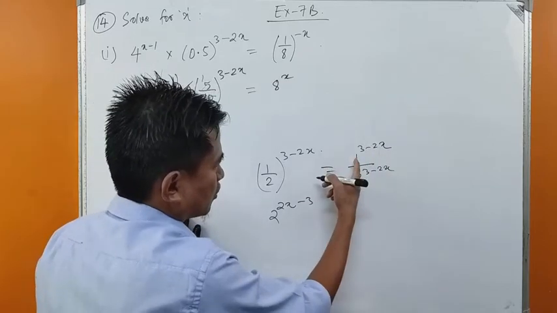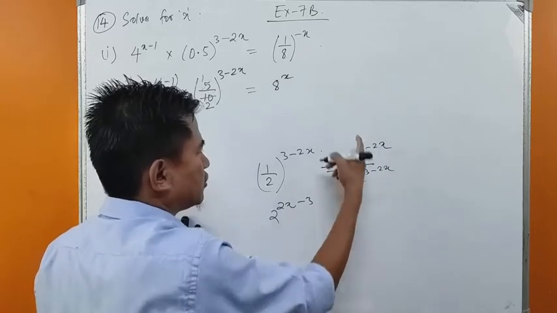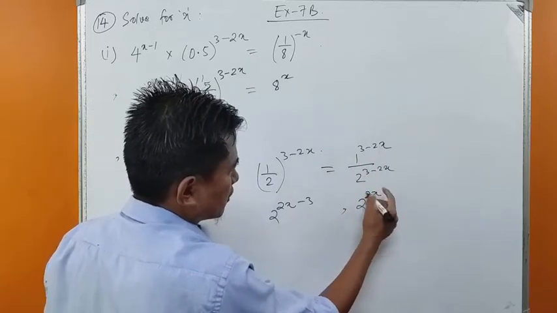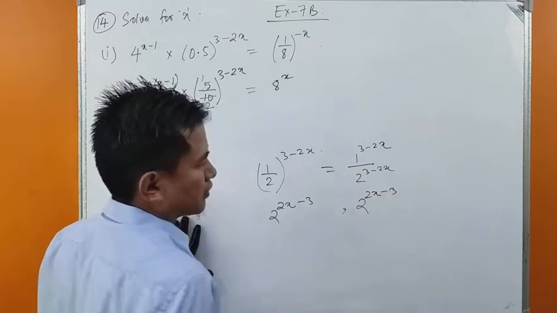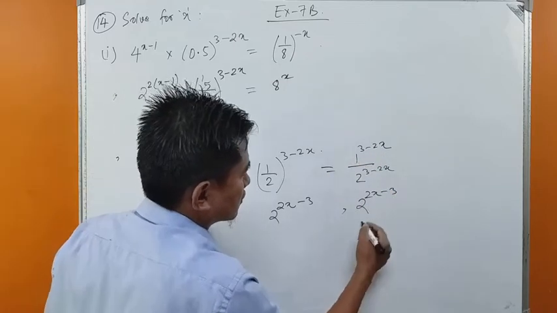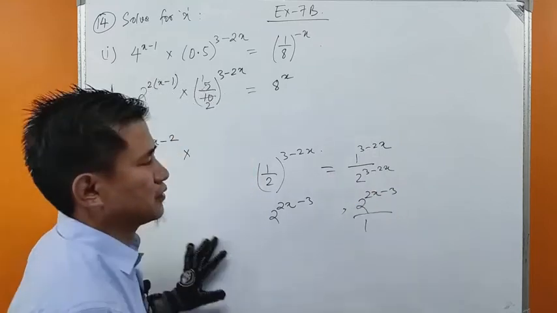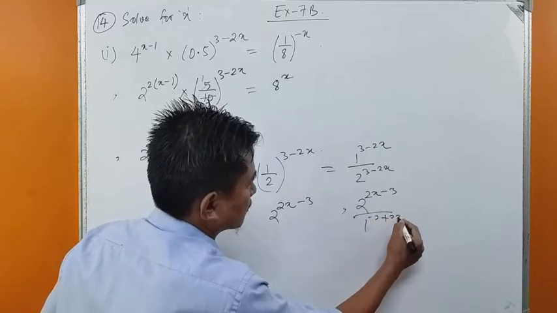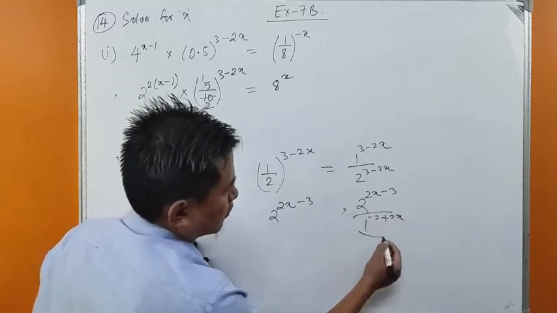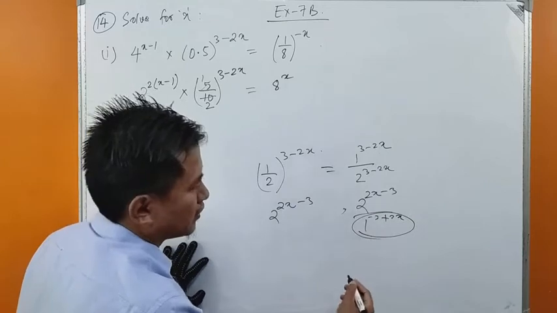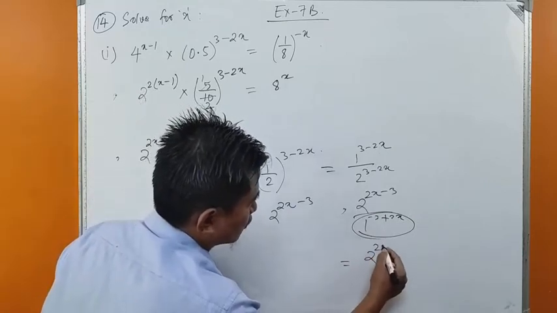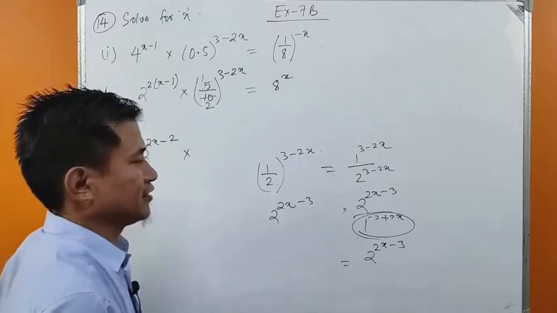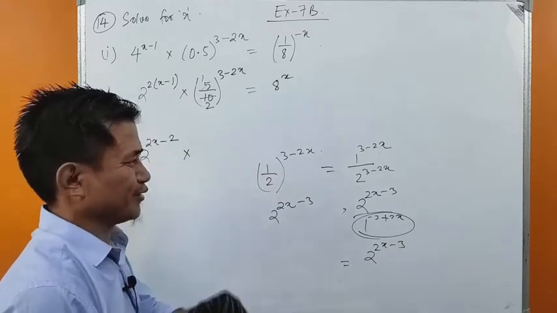Now I take this number to the numerator, minus 2x becomes plus 2x, plus 3 becomes minus 3, okay. Now 1 to the power anything is always 1. So 1 to the power minus 3 plus 2x is 1. So 2 to the power 2x minus 3 upon 1. No need to write that, isn't it? Are you getting me? I hope so.